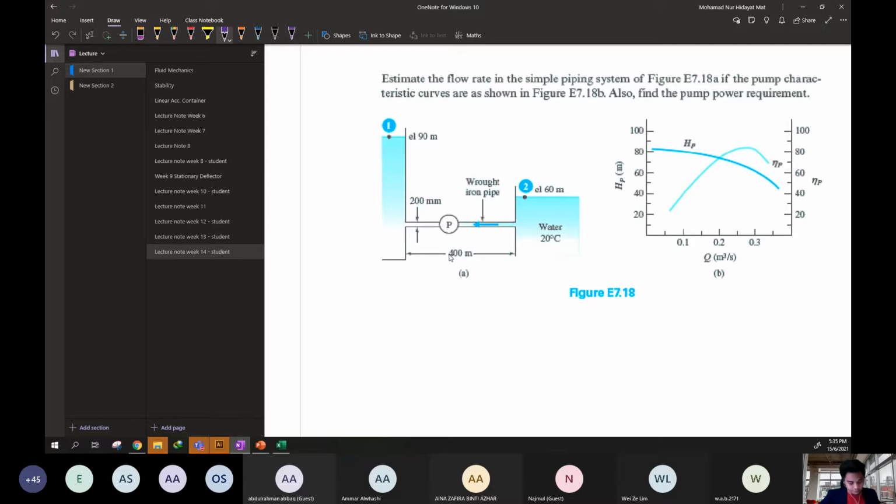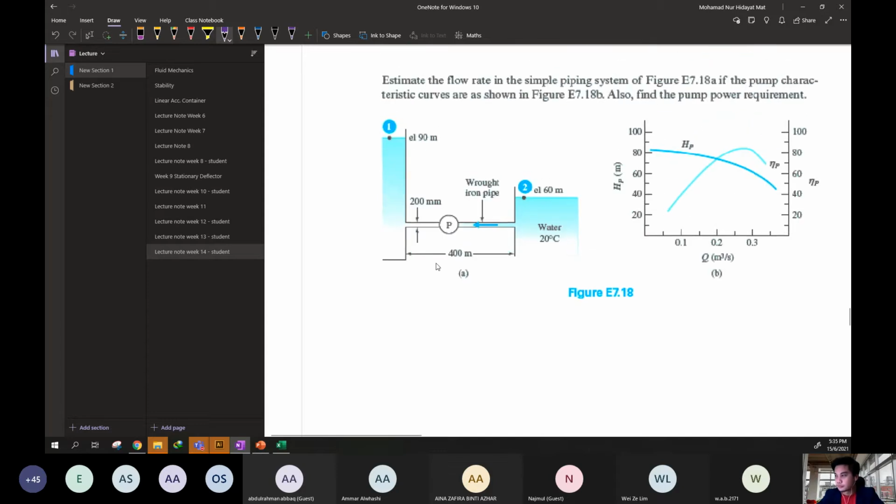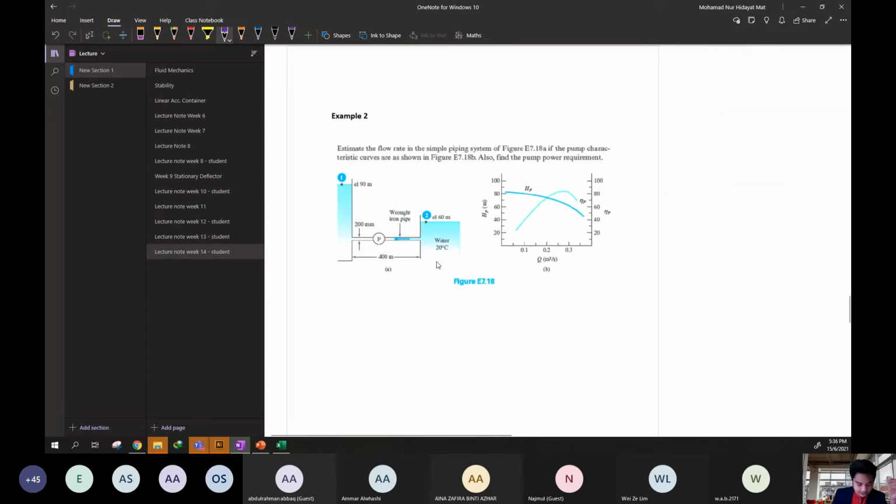For this case, we will assume that the Reynolds number is sufficiently large that the flow is completely turbulent. The velocity is not given, and the question does not give you the flow rate.